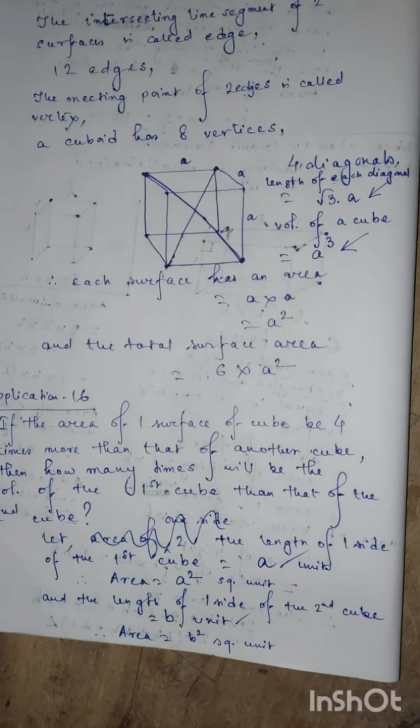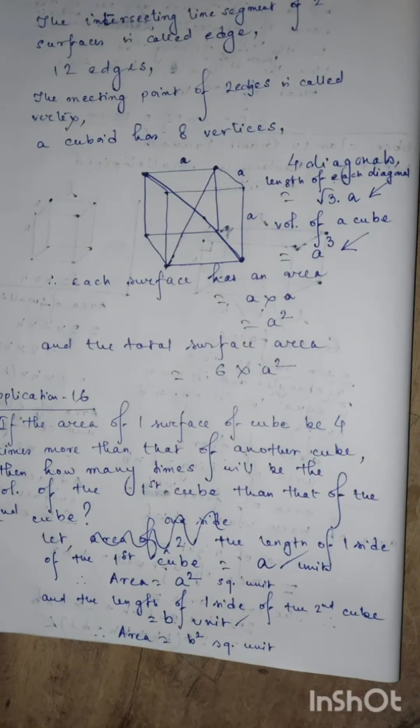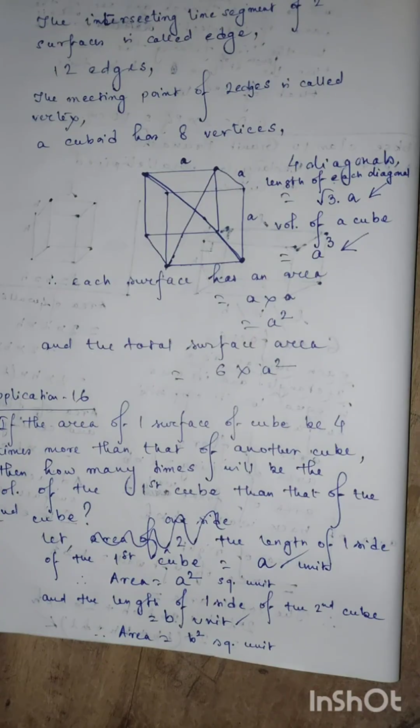Now, according to our condition, they are saying that the area of one surface of a cube is 4 times more than that of another cube.